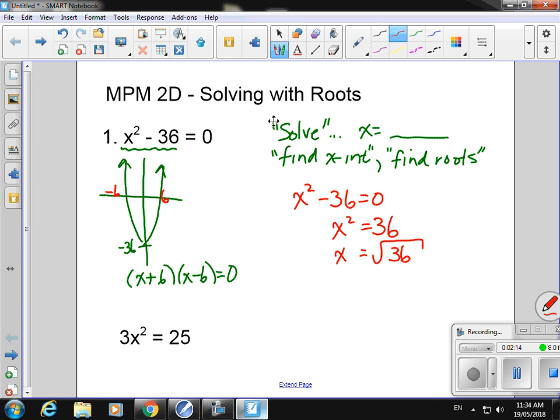So if I'm imposing a square root, I need to remember that there might be two possible answers. The positive square root of 36, which is 6, or the negative of the square root of 36, which is negative 6. Because if I take negative 6 and square it, I will also get 36. So there's a different way of solving this problem.